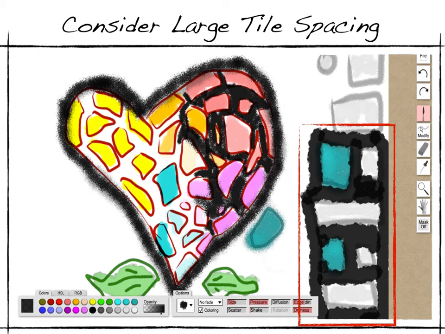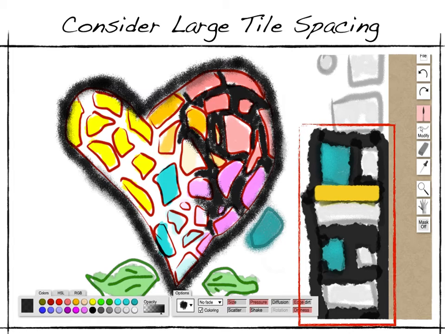So let's talk about tile spacing. This is really important, and this online tool allows us to see potential mistakes that we can create with how we place our tiles. So on the right, we noticed that we place these tiles, but we have really large spaces between the tiles.